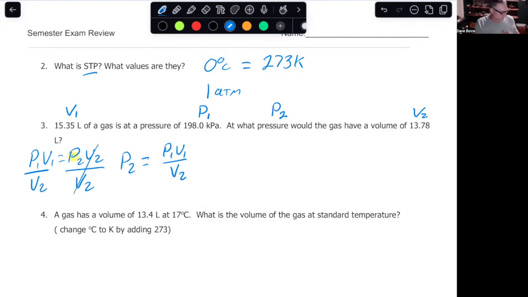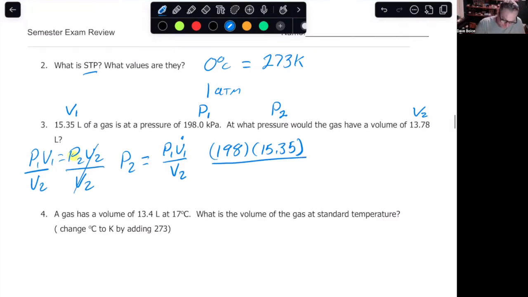So let's just sort of plug and chug. Everything I have in here is in pretty good shape. It's already in liters. So P1, that's 198 kPa. V1 is 15.35 liters.